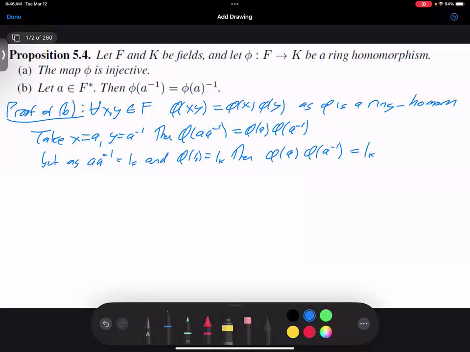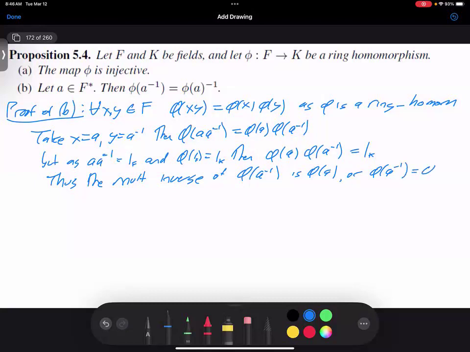Well, we know phi of A times phi of A inverse is 1. So we've just shown the multiplicative inverse of phi of A is phi of A inverse.